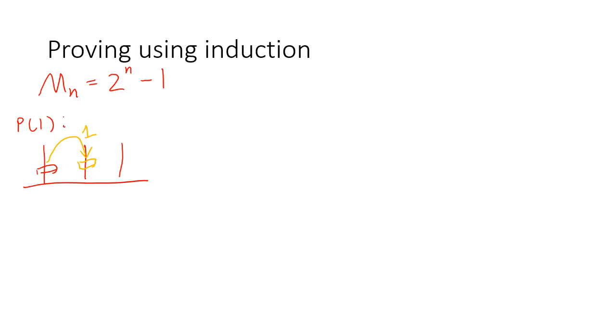Therefore, we can say that M1 equals 1. So when n equals 1, the left hand side, that is Mn, equals M1, which is 1.